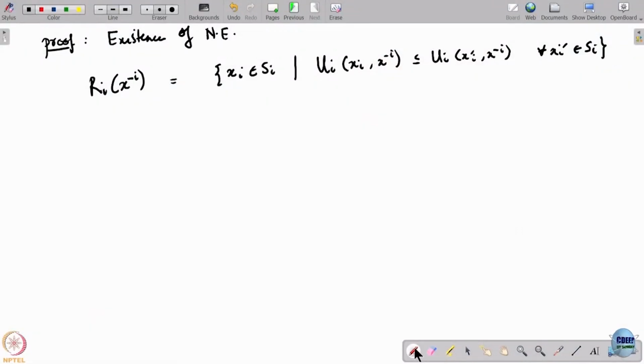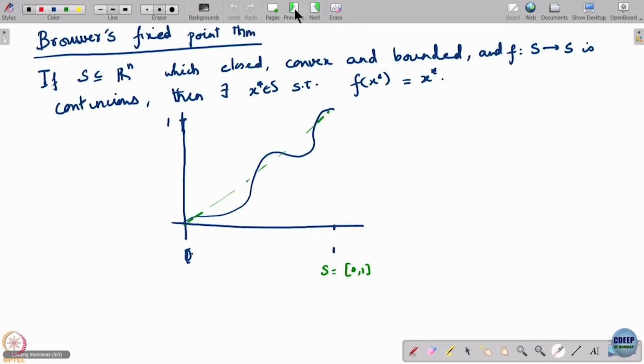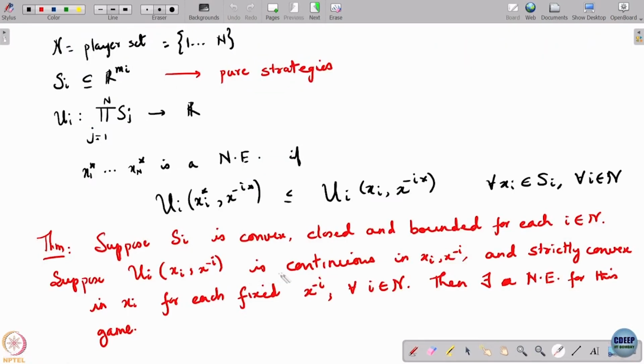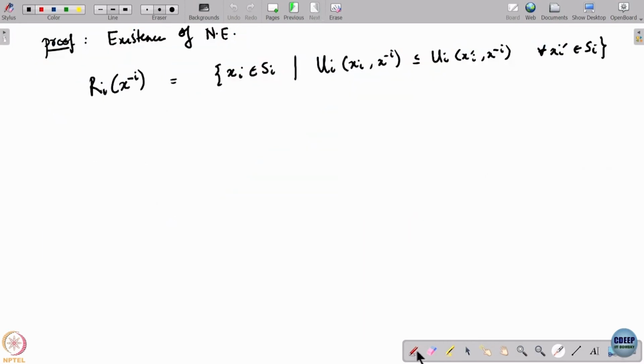But here, we have made some very specific assumptions. We have assumed that u_i is continuous and strictly convex in x_i for each x_{-i}. What happens as a result of that?